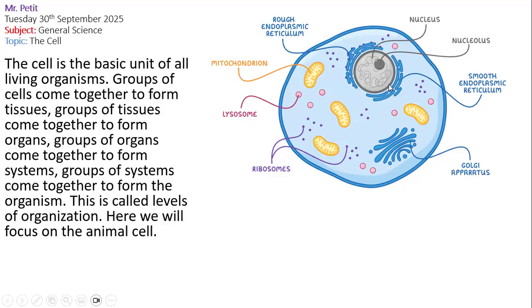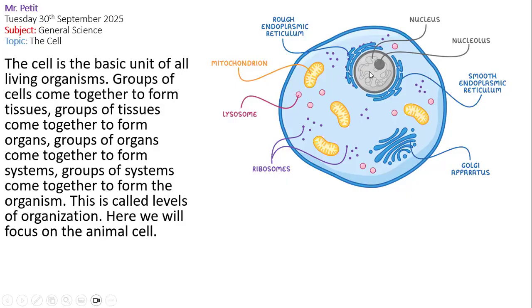Inside the nucleoplasm, we have these squiggly things. That's what we call DNA. But the squiggly things are not really DNA, so to speak. It contains DNA. So that's chromatin.